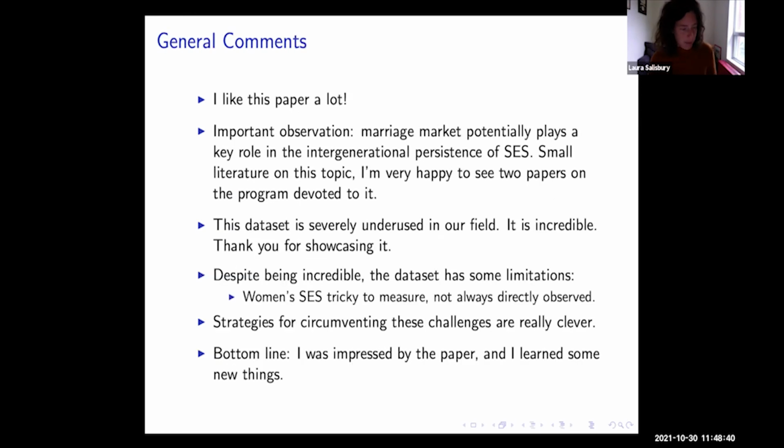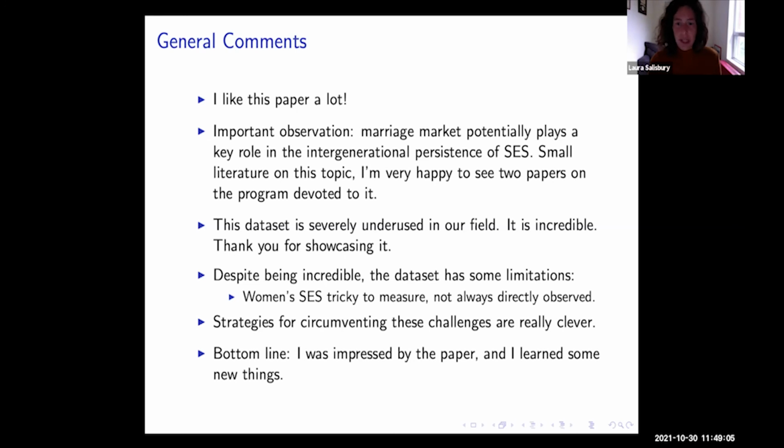So my general comment is that I really like the paper. It's a really important observation that marriage matters for the intergenerational persistence of socioeconomic status. There's a literature evolving on this topic, but it's relatively small and it's relatively new.